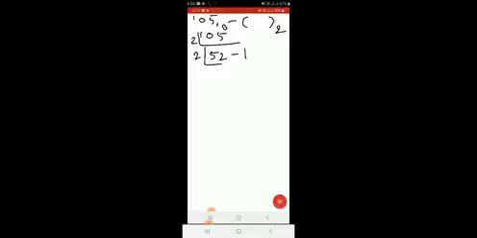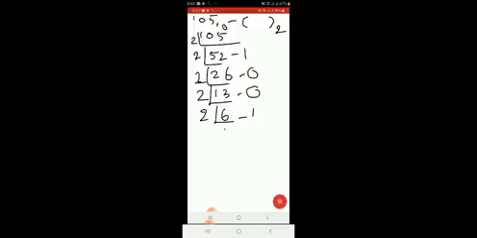Continue the process. 26 will be the quotient and 0 will be the remainder. When you divide this 26 again, we will get 13 as quotient and 0 as remainder. When you divide this again, we will get 6 as quotient and 1 as a remainder.